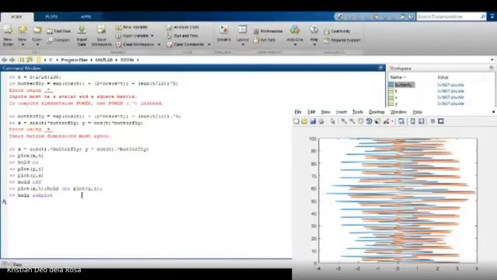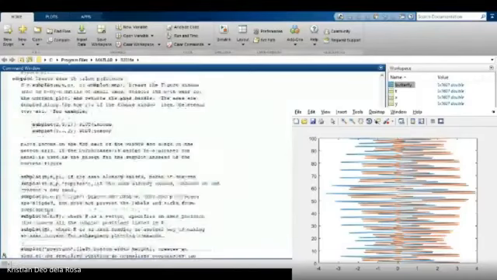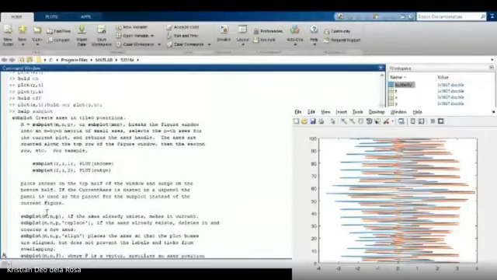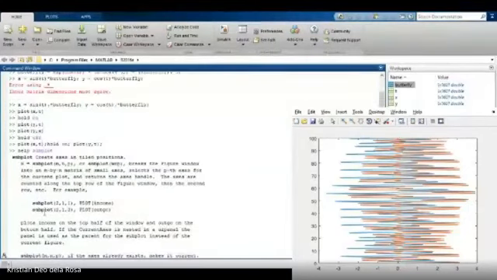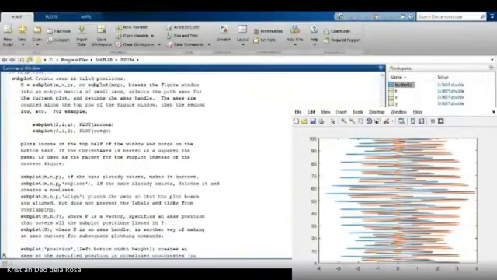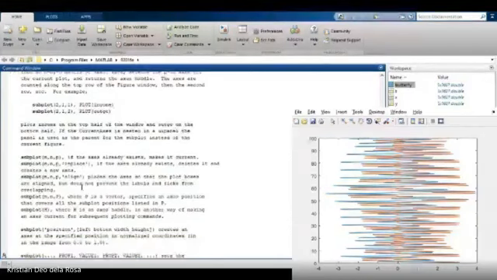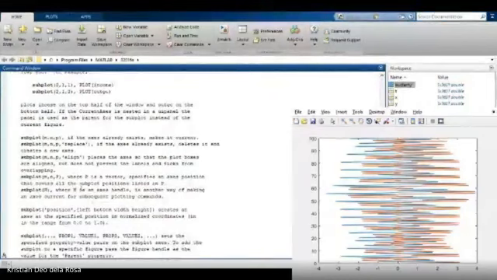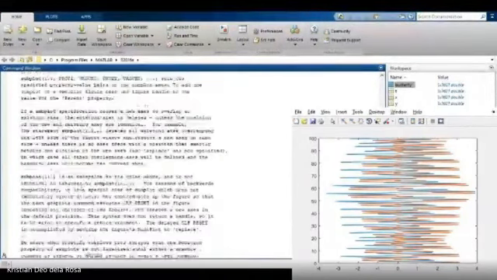Plot. Kahit ako nagtuturo na ako ng MATLAB, pwede rin tayong tumingin sa dito. Okay, so, MNP, so if the axis already exists, it makes it current. For P is a vector, specifies the axis position that covers all the subplot listed in P.